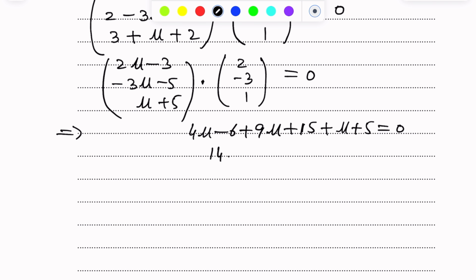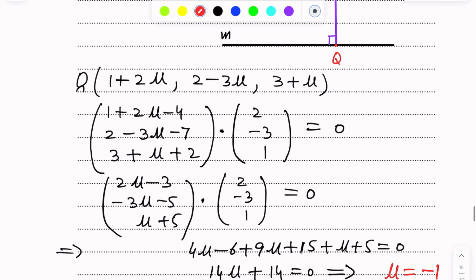From here 14 mu plus 14 is equal to 0. From here mu is equal to minus 1.